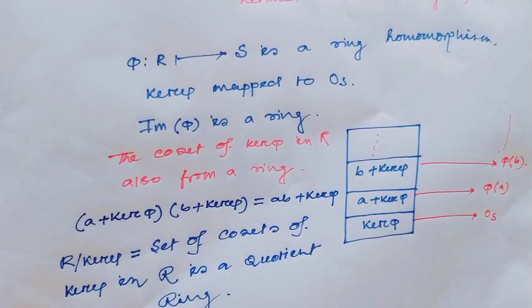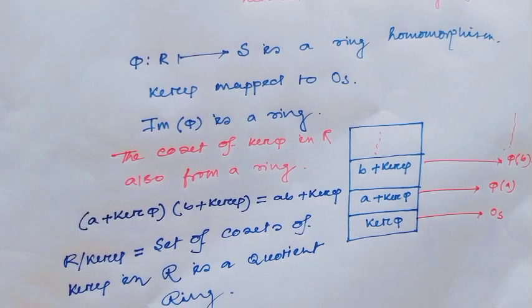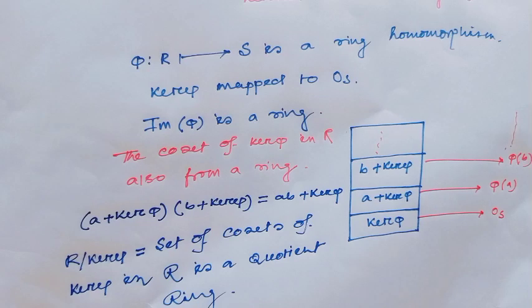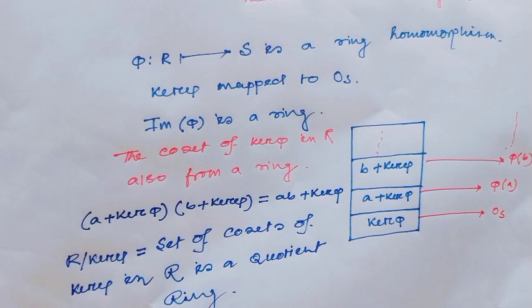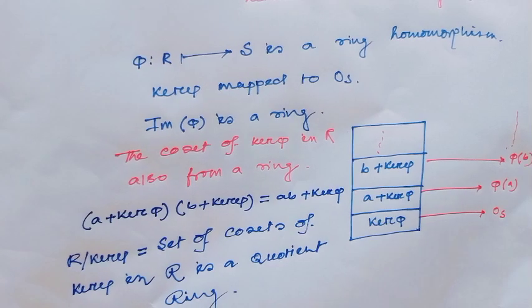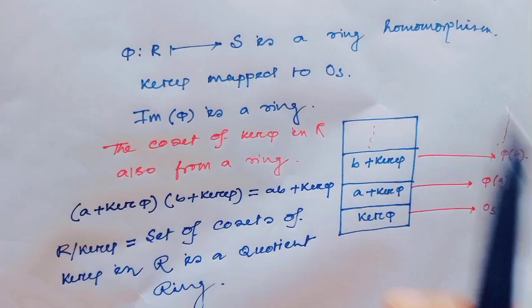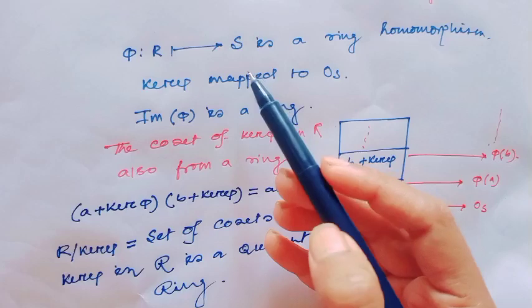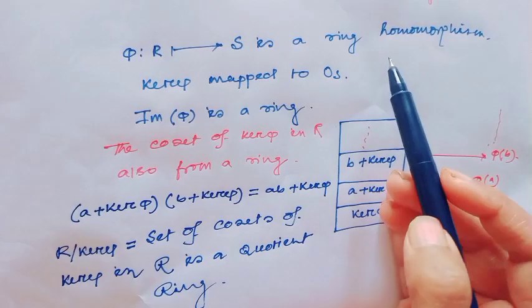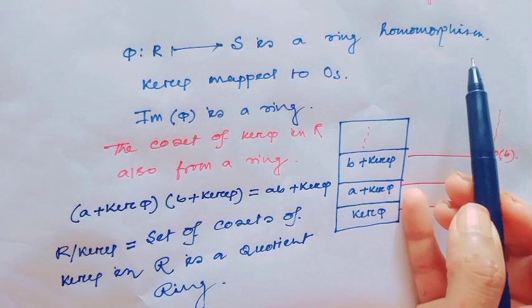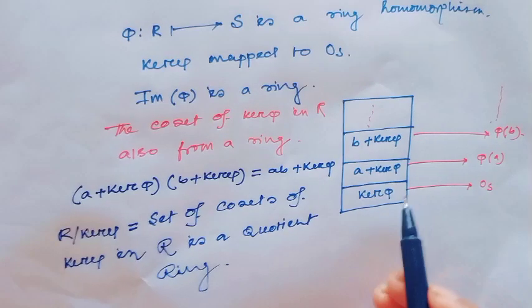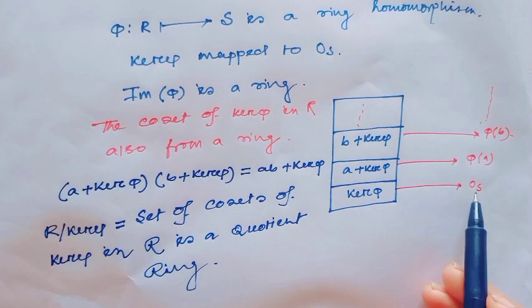Now I will say the idea of quotient ring. In my previous video I had seen the idea of quotient ring elaborately. Today I will discuss this part just as a review. Consider a mapping phi from R to S, which is a ring homomorphism. Then kernel phi obviously maps to 0.